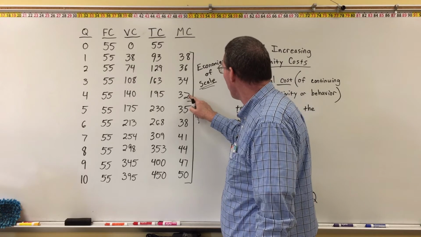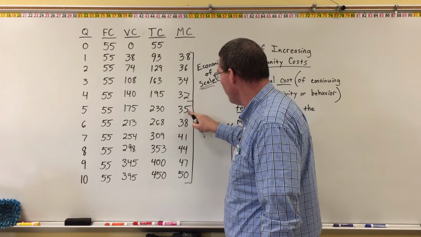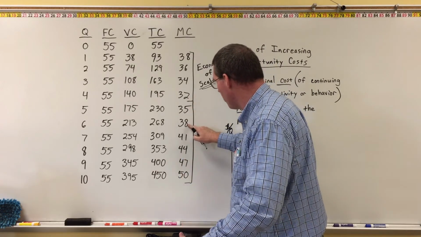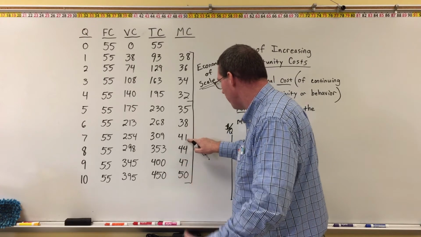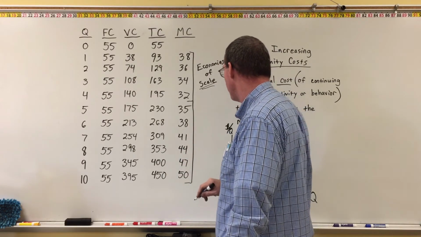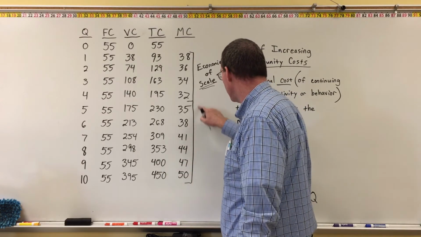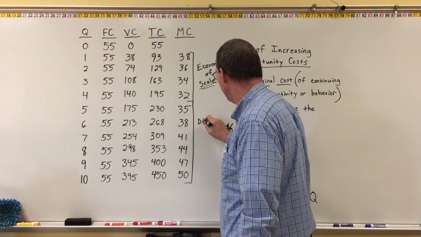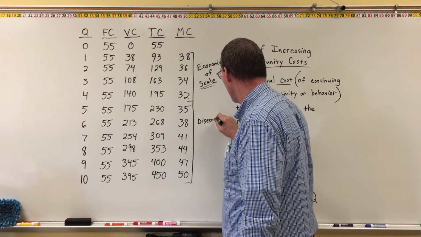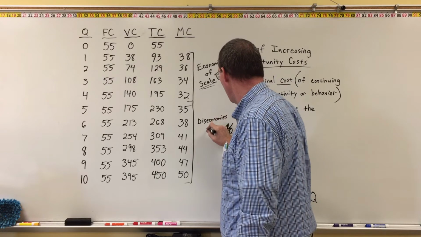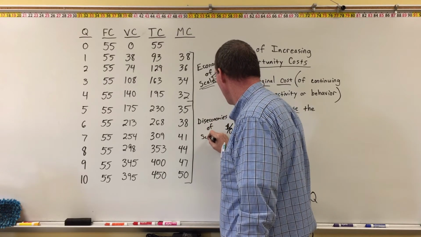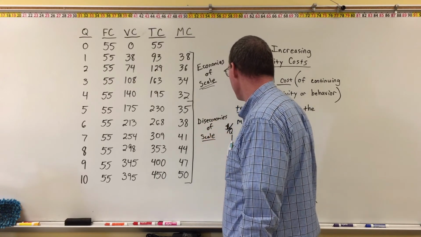So now the marginal cost is going to go up to 35, then the 6th unit costs even more at 38, then the 7th is even more at 41, then 44, then 47, etc. Okay? And this region is referred to as diseconomies of scale. All right? Diseconomies of scale.